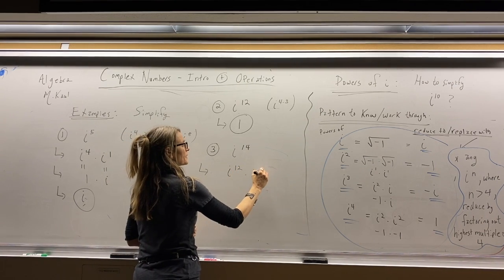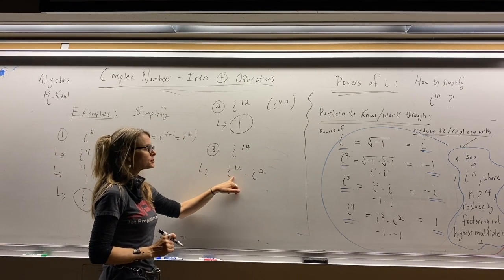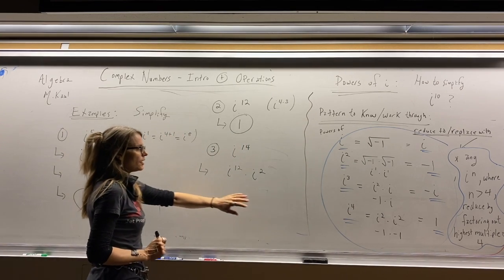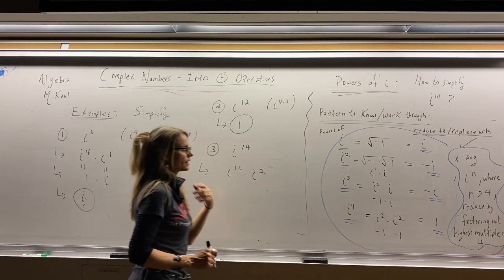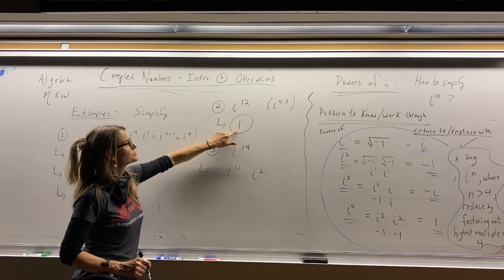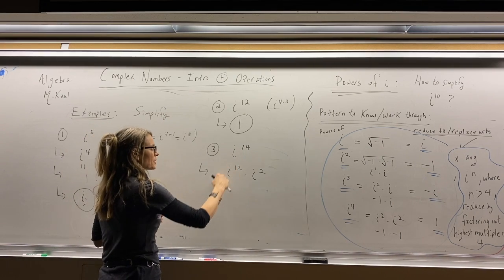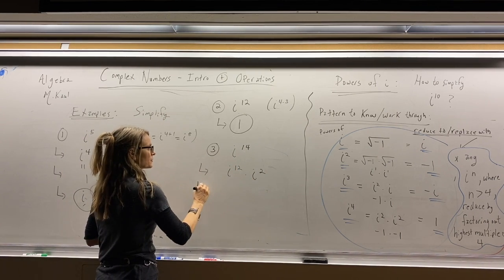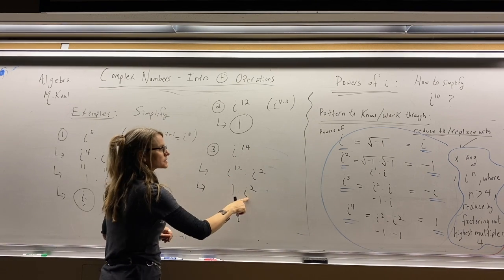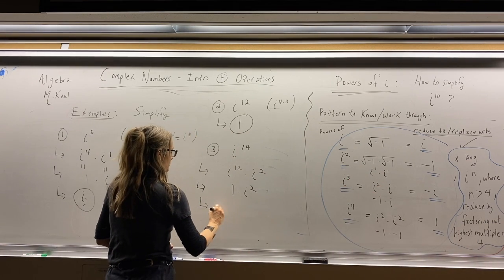And I multiply that by i squared, and that will be my leftover. Any multiple of 4 will always equal 1. So i to the 20th, i to the 24th, i to the 28th, any multiple of 4 always breaks down to 1 by our rules that we're using here. So this part's going to be 1, and this will be my leftover. And I have 1 times i squared, and i squared I want to reduce to a -1. So I just end up with a -1.